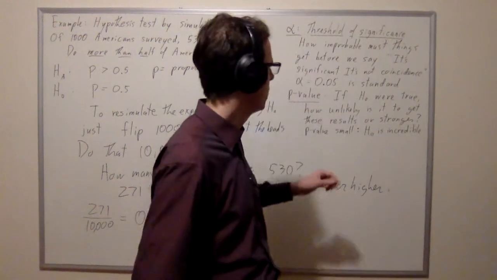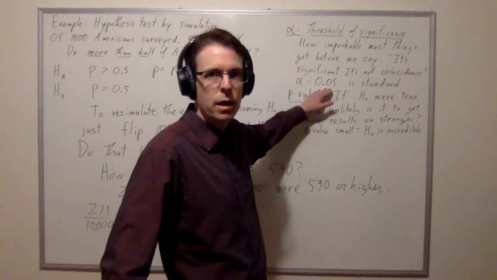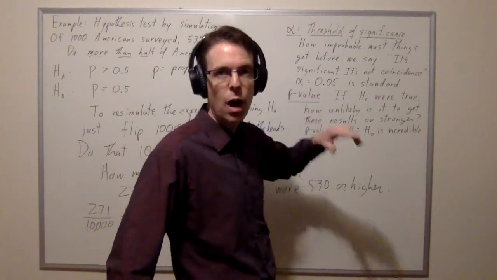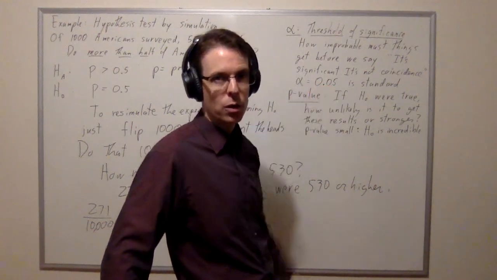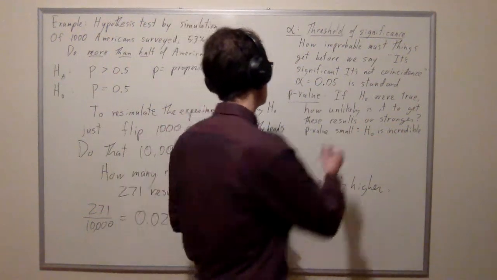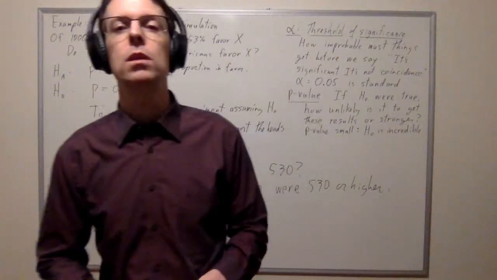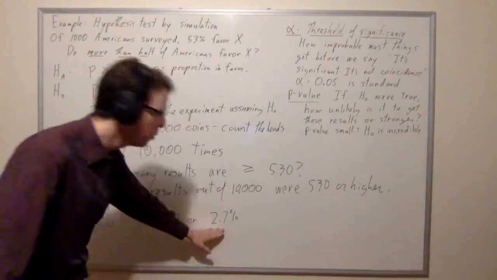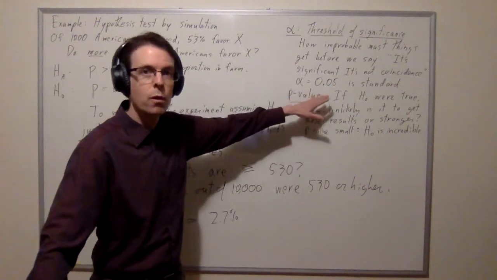And if you were listening carefully, we decided this up front. We decided this up front when we decided that we would take alpha equals 0.05, which is the standard value of the threshold of significance, as our value. That is the level of rarity in these results that we will regard as so rare it can't be a coincidence. And now this 2.7% or 0.027 is even more rare than that.